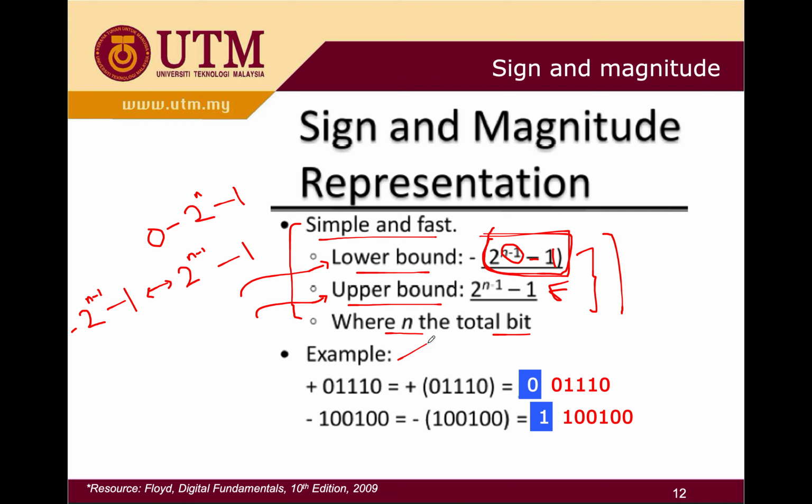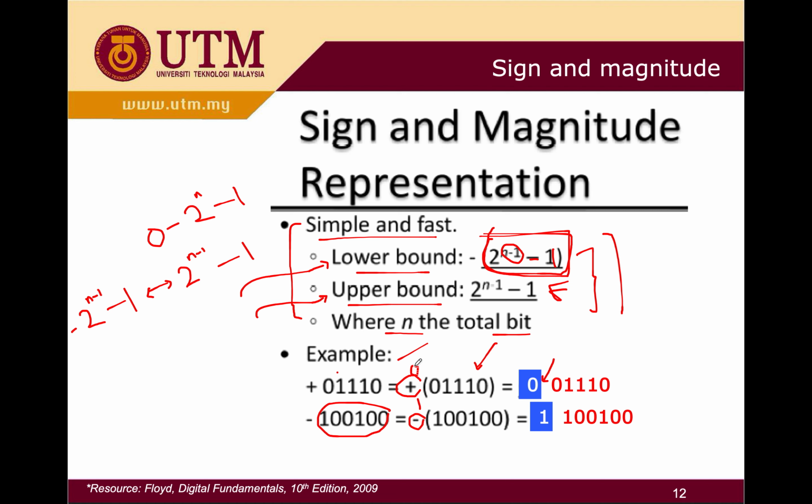As an example, you were given this bit number, and to make it positive, you need to add 0 in front. Another example is you were given this number and you need to assign it as negative, so you need to add 1.